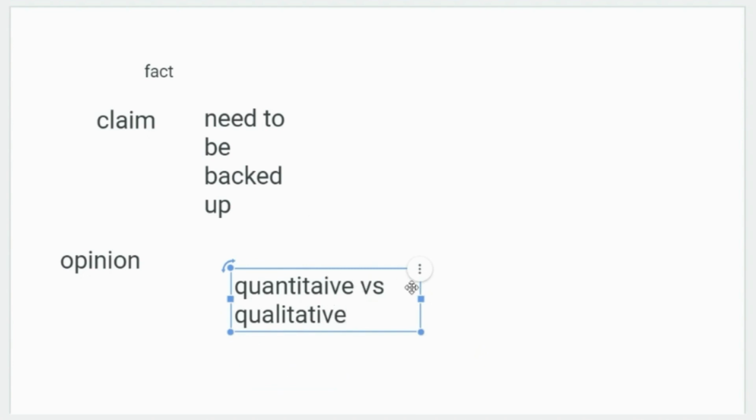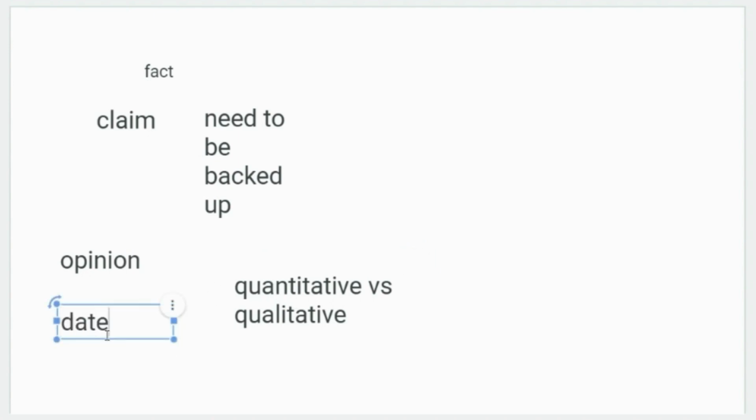Do we have something quantified there in a graph? Yeah, so it would be quantitative, right? Anything else? Plain fact, opinion. These constitute data or evidence.